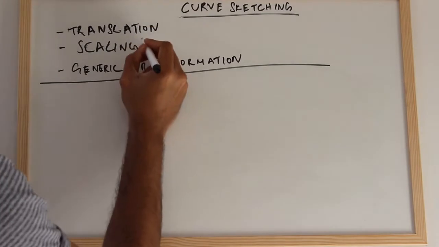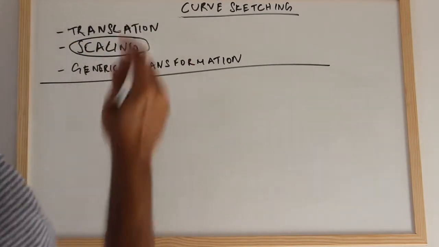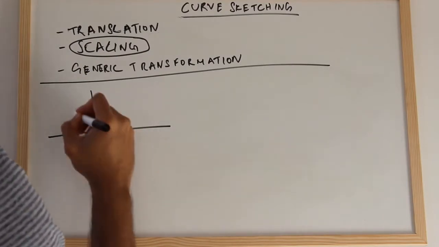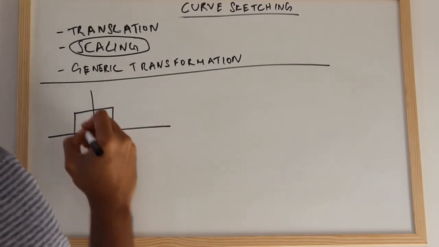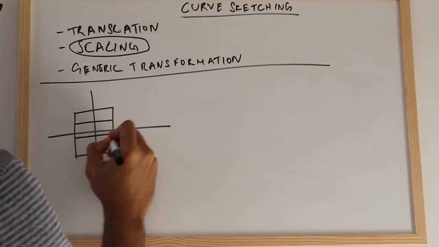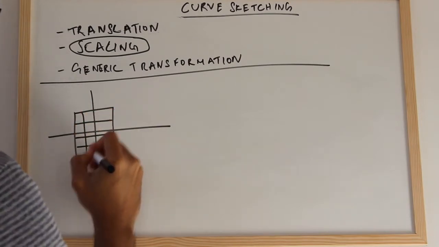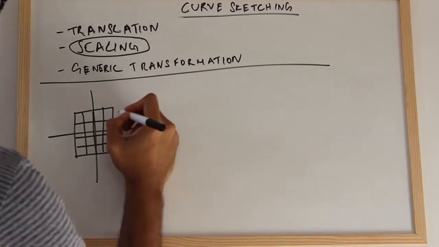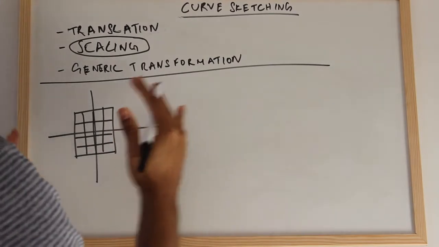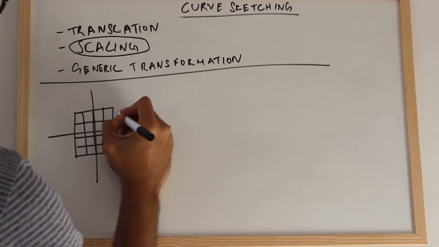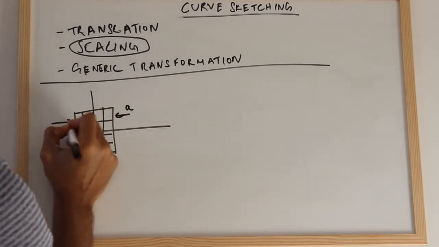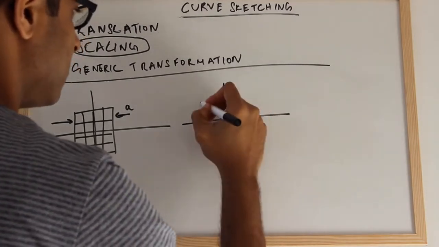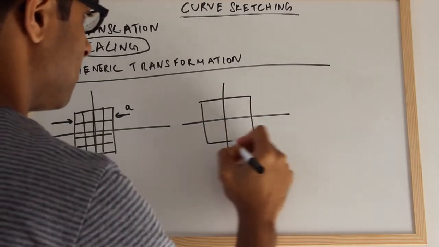Next, let's move on to scaling. If we have a graph of this form, and if we scale the graph by a units, then we get the graph in this form.